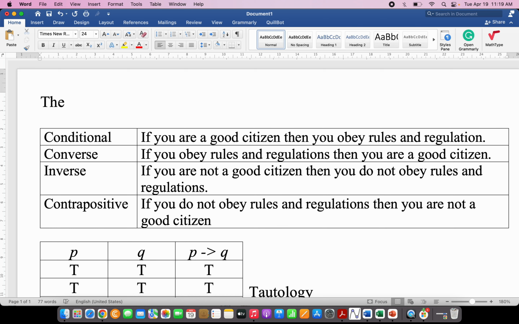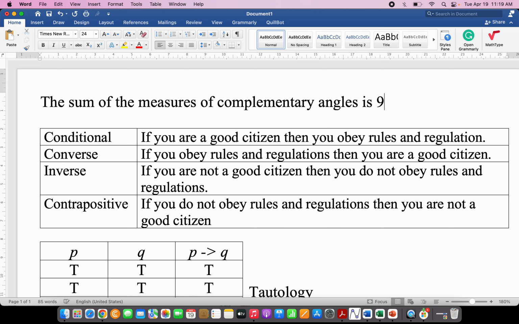The sum of the measures of complementary angles is 90 degrees. So 90 degrees. Pwede tayo lang ng symbol lang sa taas.